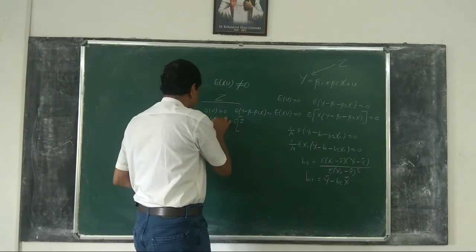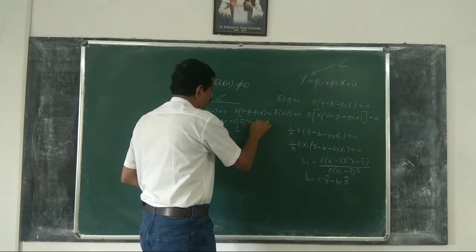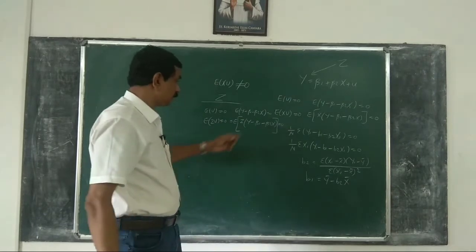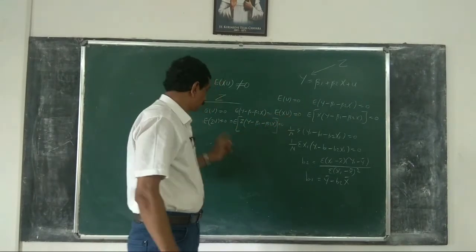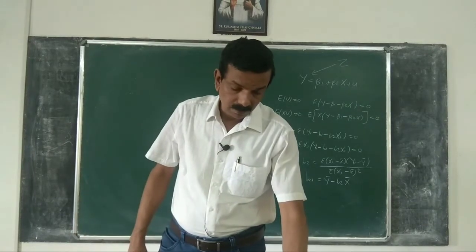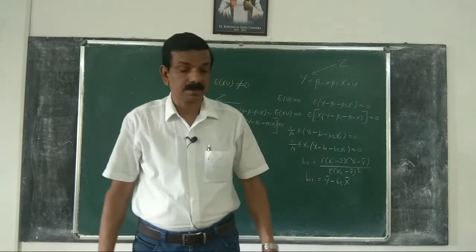Expected value of zu is equal to 0 means expected value of z into (y minus beta 1 minus beta 2 x) is equal to 0. Instead of expected xu, we write it as expected zu. And solving this, you will get the estimates.